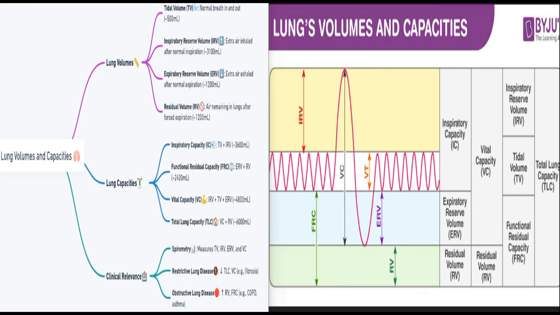The key points on the flow volume curve, like I said: the PEF being the highest, followed by FEF 25, then FEF 50, then finally FEF 75, and below that the inspiratory limb. That is for the expiratory limb. For the inspiratory limb, you have your FVC and the RV, residual volume.